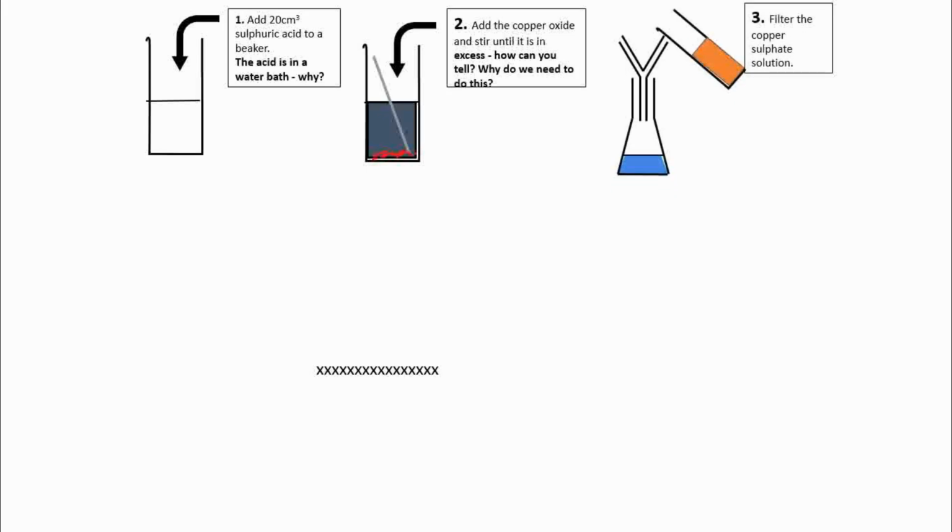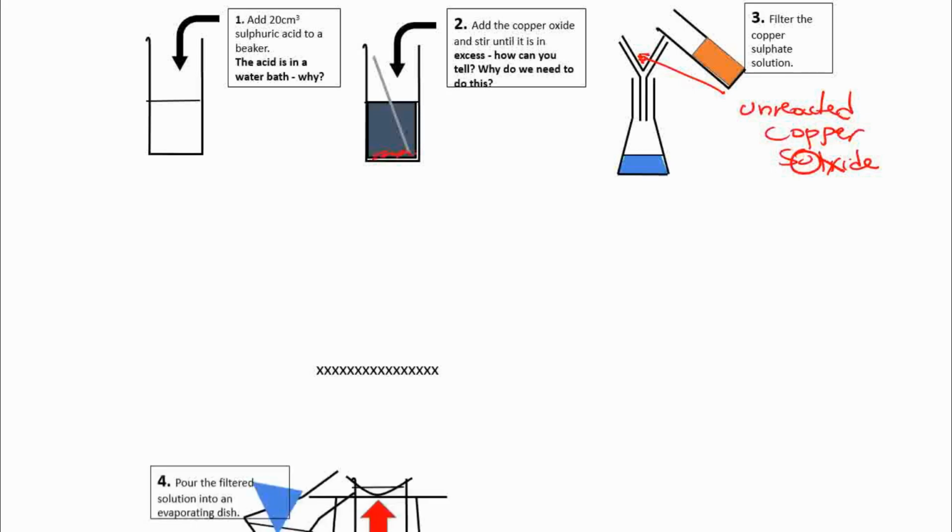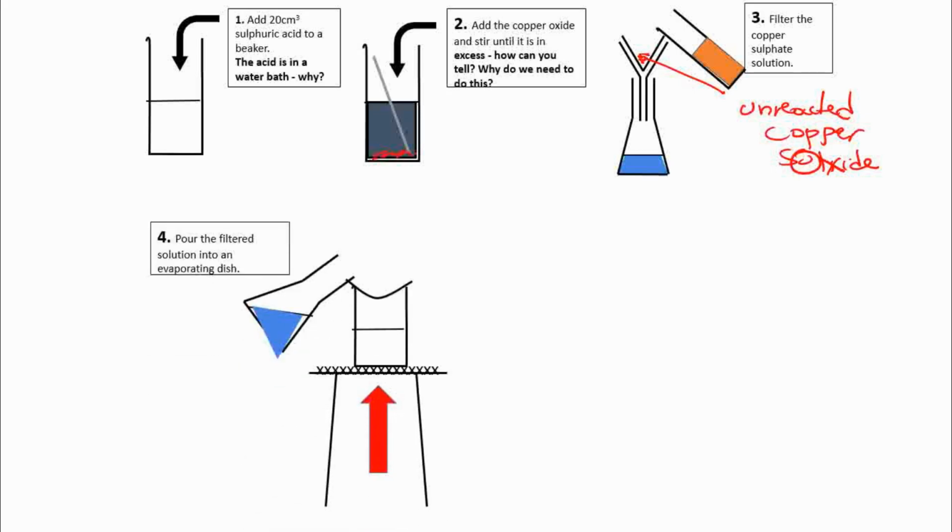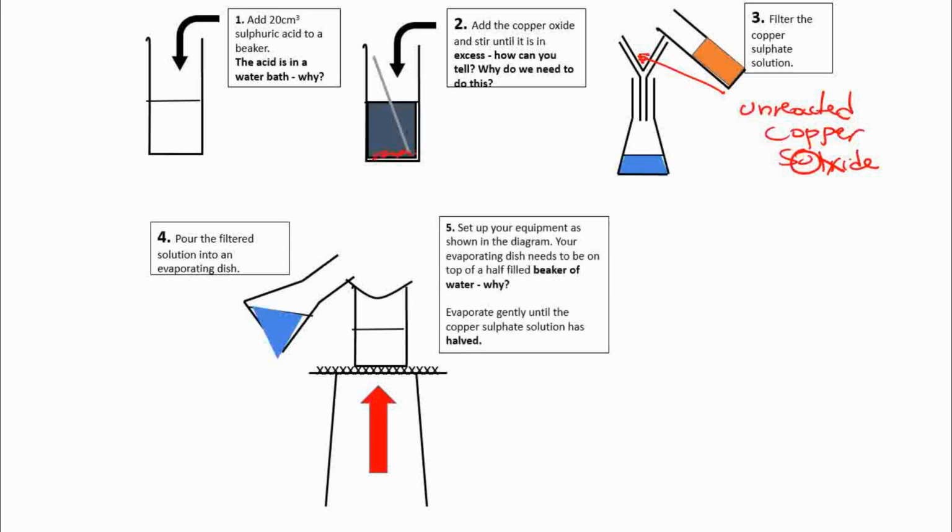Now, your next step is that you're going to be filtering. So the residue is going to be your unreacted copper oxide, okay? Then after you filter, you're going to pour into an evaporating dish, because remember that it is a soluble salt, and then you evaporate, and then you leave your crystals to dry.